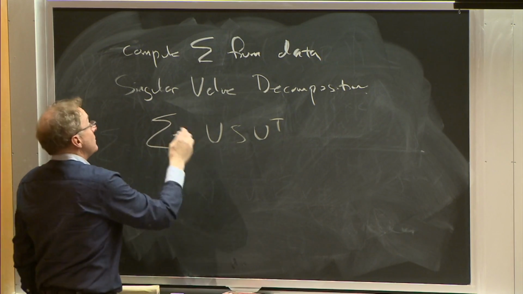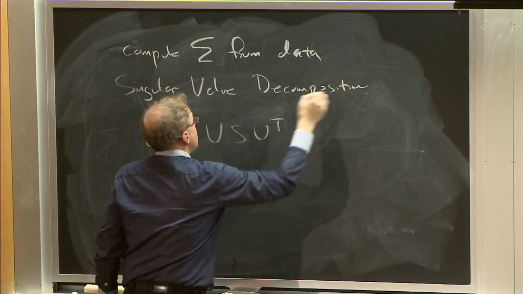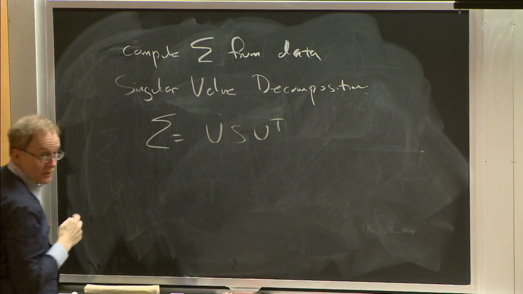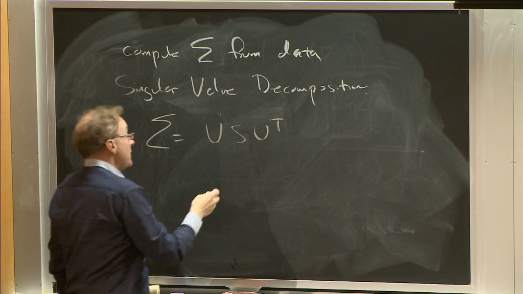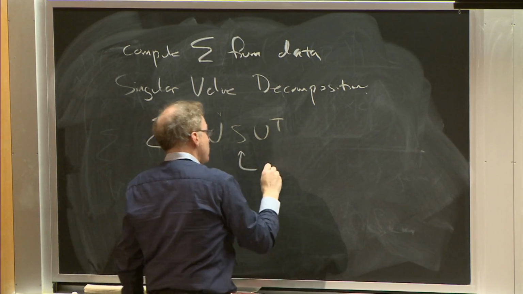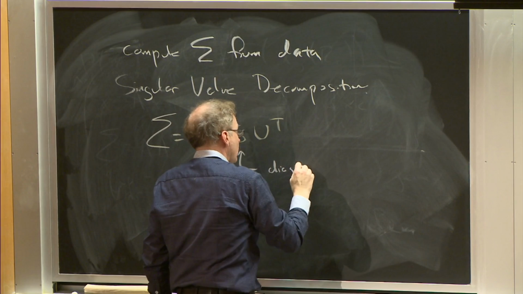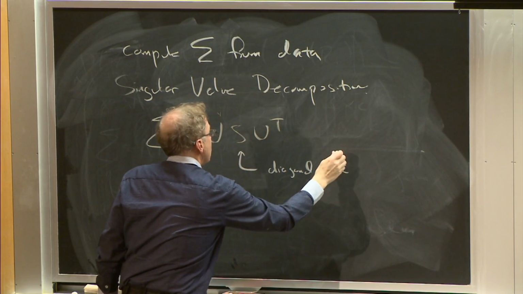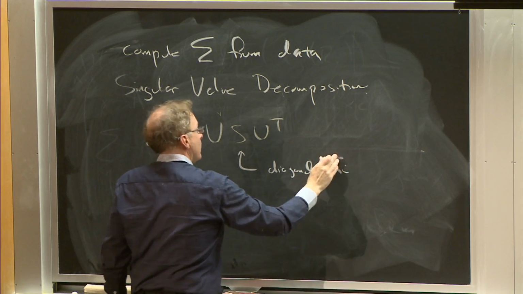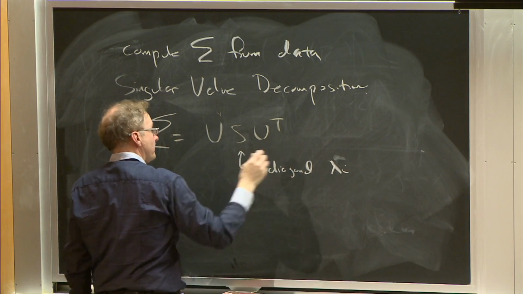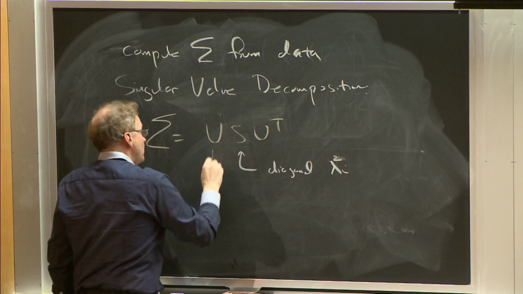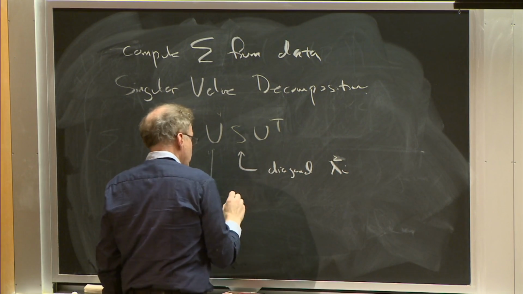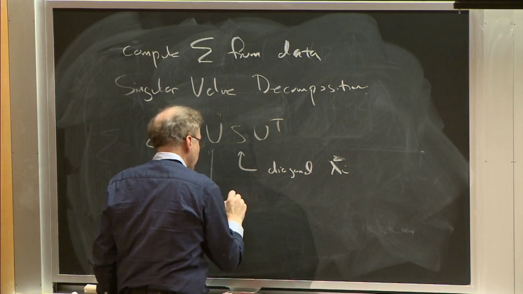And that's what the singular value decomposition does for us, it decomposes the sigma matrix into these components. Where S is a diagonal matrix that contains the eigenvalues, and U is a matrix where each column is an eigenvector.